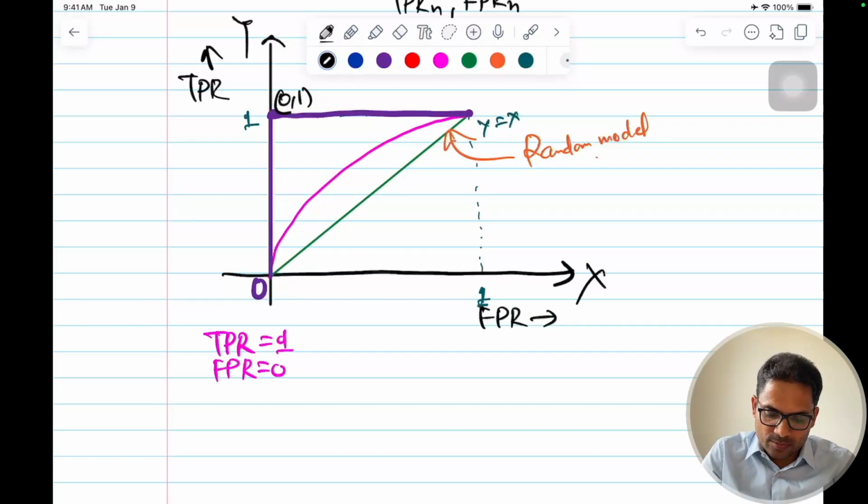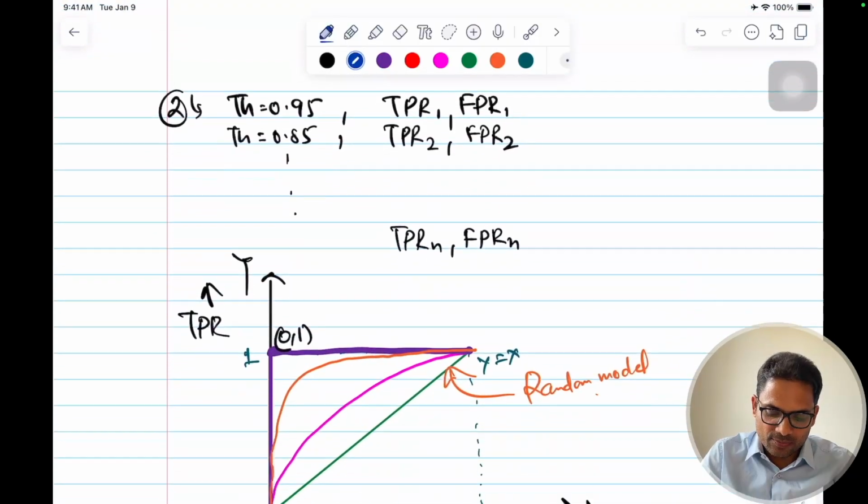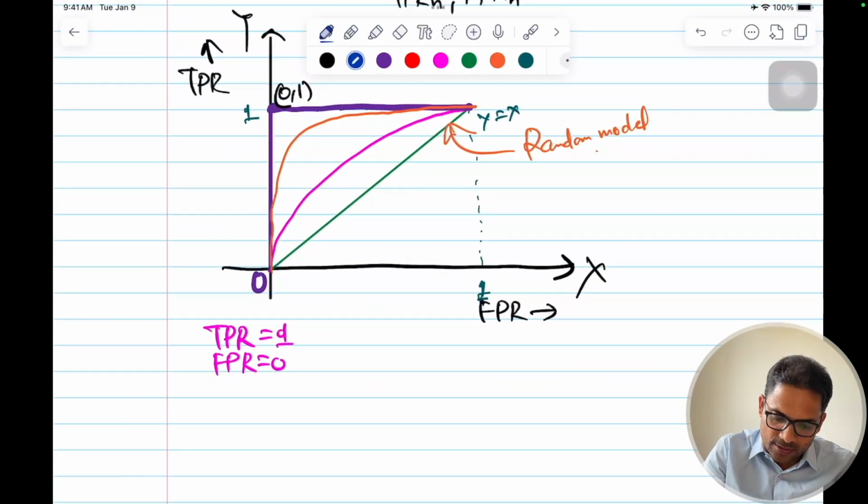So let me draw one more, maybe something like this. For each of the points, TPR1, FPR1, that we are calculating, we'll get these points here, say for example on this line. So this is like FPR1, the x-axis comes first, comma TPR1.